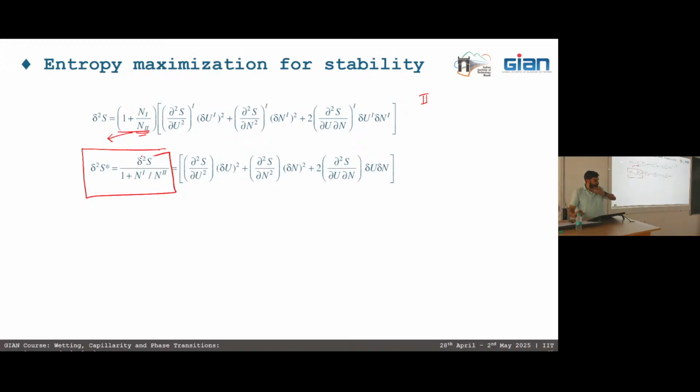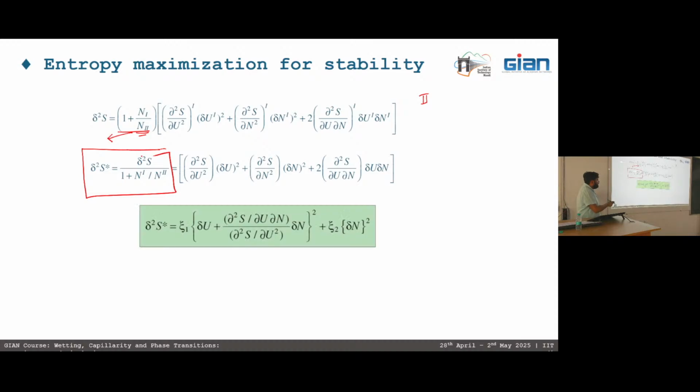Now to further simplify it, I need to see which of these terms can be negative. So I write this equation in this form: del 2s is equal to psi 1 times a positive term plus psi 2 times another positive term, because a square term is always positive.